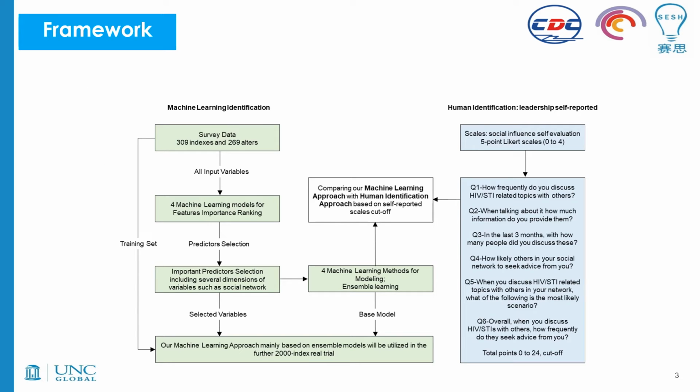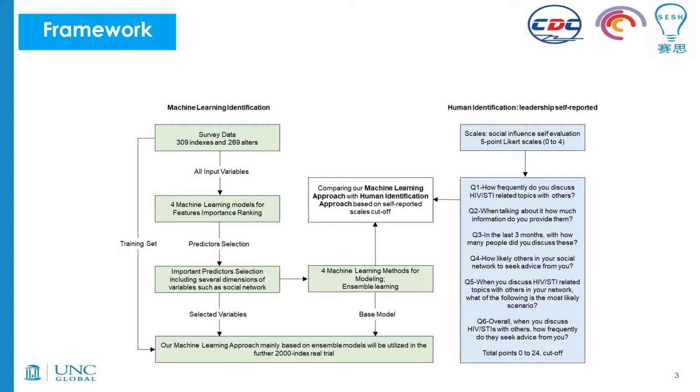This is the framework of this study. Simply put, we used 4 machine learning models for predictor selection and for modeling. The 4 machine learning models are assembled as one ensemble algorithm to finally predict who are the key influencers in our HIV/STI secondary distribution.